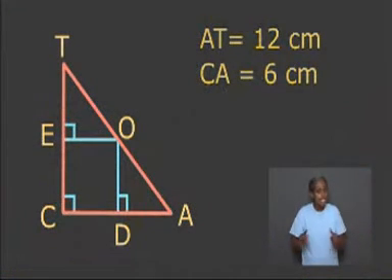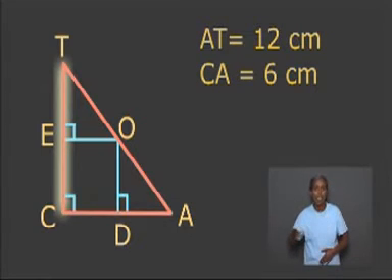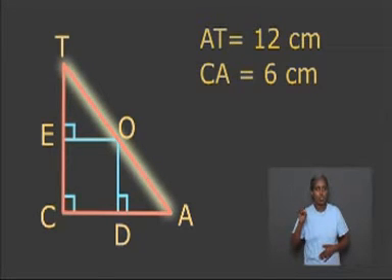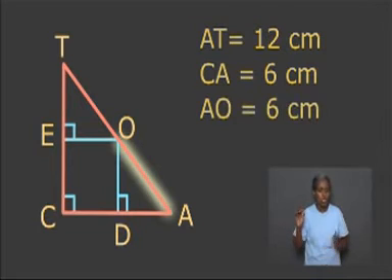The first thing we must notice is that the perpendicular bisector of line CA is parallel to line CT. That means that point O is on line AT. Therefore, line AO is equal to 6 centimeters.